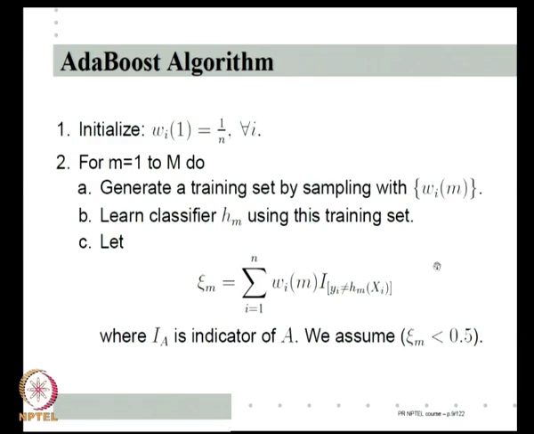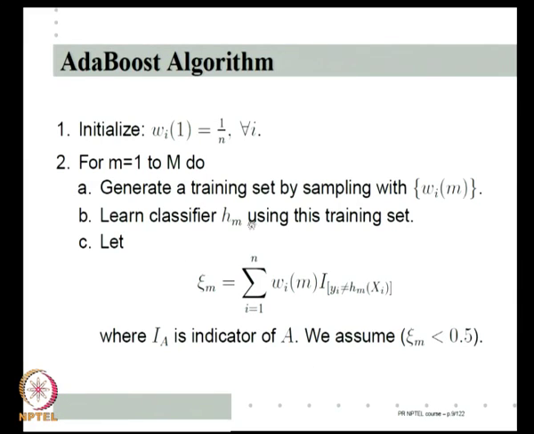Mind you, this is not necessarily the training set, because the training set is randomly chosen, but this is on all the examples I have, xi, yi. Each example is classified by the newly learned classifier, and wherever I misclassify, my actual error is weighed by the weight of that example. So, I want to minimize this weighted sum. In a sense, I can say I want to learn a classifier hm which minimizes this weighted error.